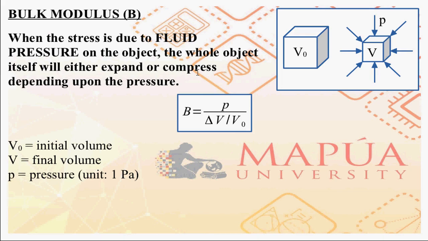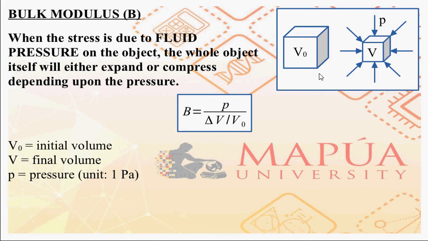The volume will change. You have bulk modulus B. B is equal to stress over strain. Stress is the pressure, the fluid pressure affecting the object.